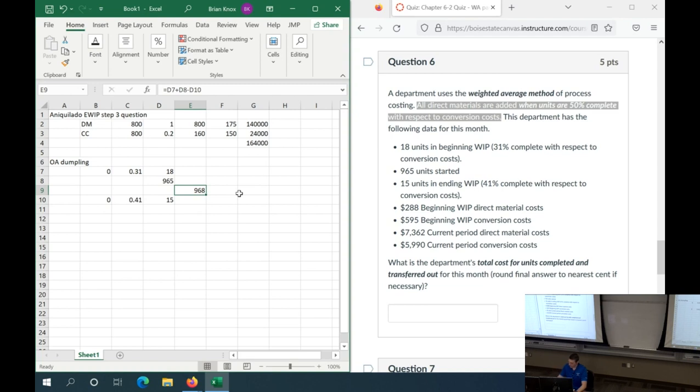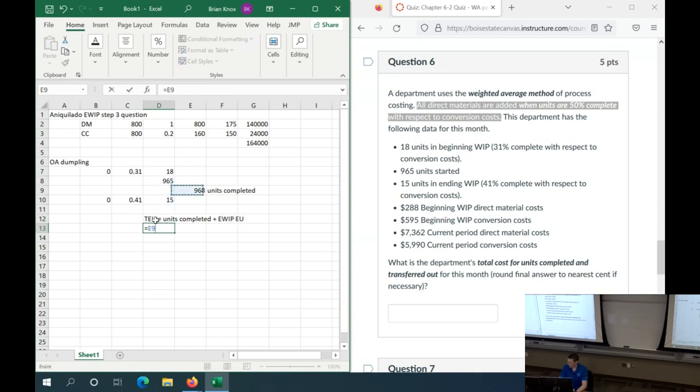We can figure out units completed. I'll label that, we'll need that later. Units completed right there, 968, which is simply beginning WIP plus units started minus ending WIP, all the physical units right here. And then we are going to do TEU, which equals units completed, which we just figured out, plus ending WIP equivalent units.